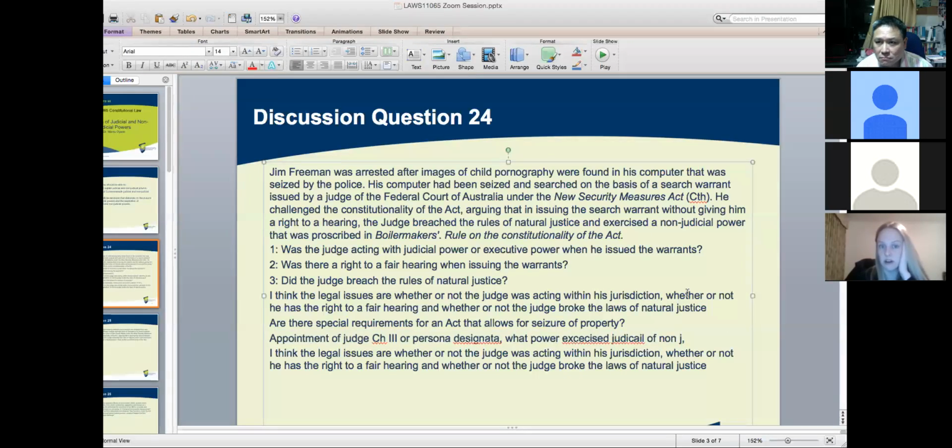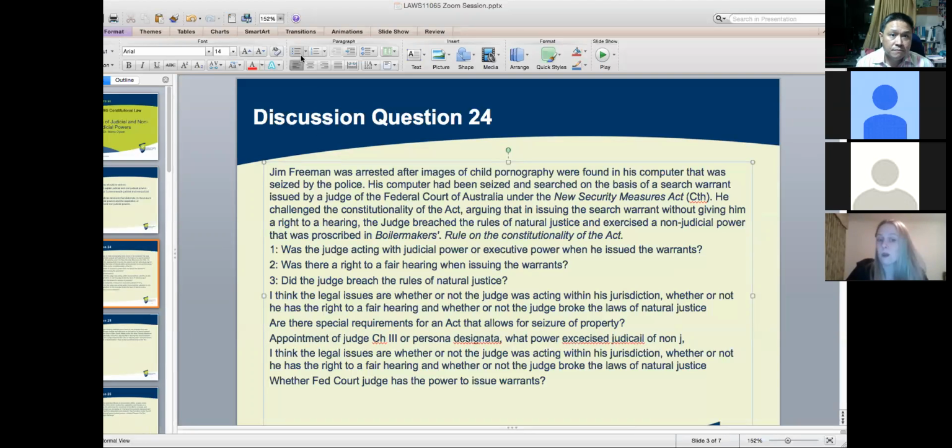Otherwise, I don't see how I get on the right course. So for me, the legal issue in this question is whether a federal court judge has the power to issue warrants, because you've got a judge in the federal court, but you don't know if the judge is acting in his capacity in the federal court or if he's acting separately. So the legal issue is whether the federal court has the power to issue warrants.